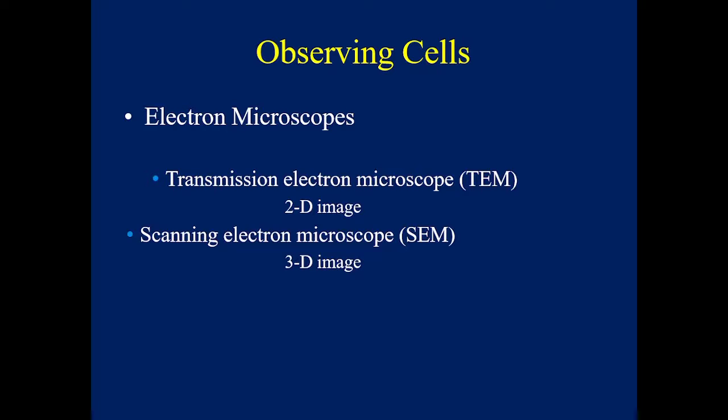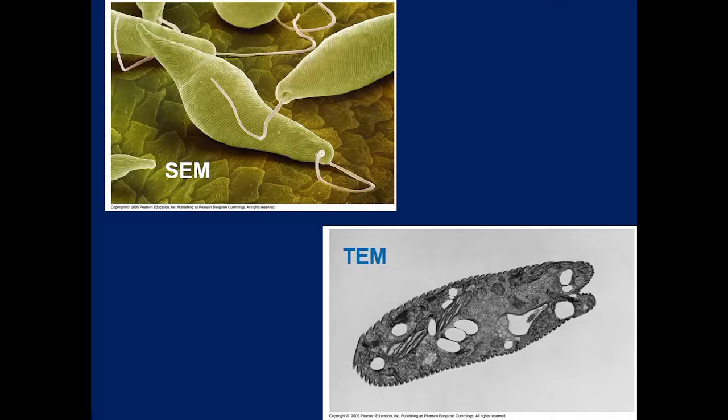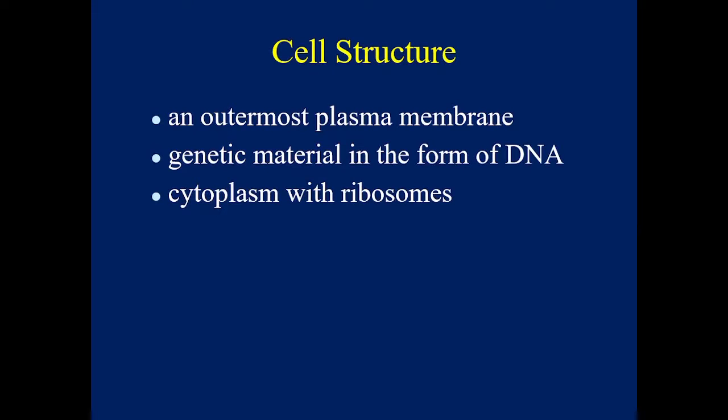Using TEM we can get 2D images, and using SEM we may get 3D images, and these are the images we usually get from SEM and TEM.